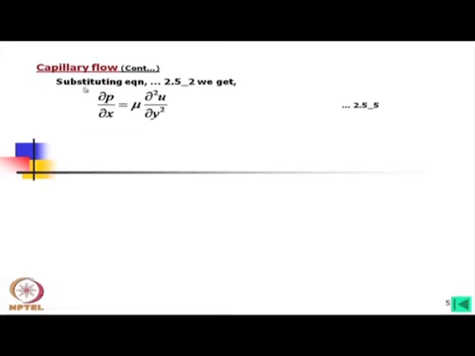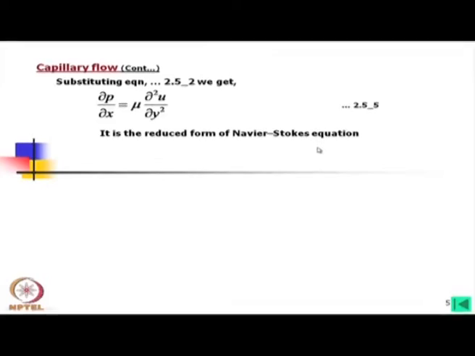Okay, so from the equilibrium of the fluid in a capillary passage, we have arrived at an equation that the change in pressure in the x direction is defined by viscosity into del square u by del y square. This means the rate of change of u in y.